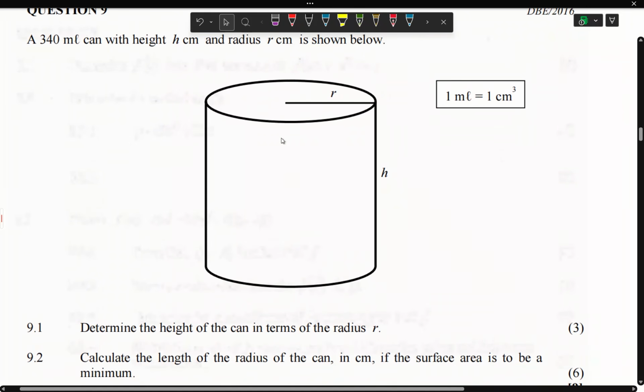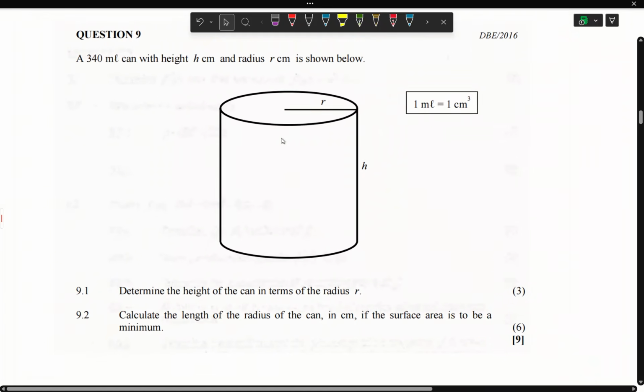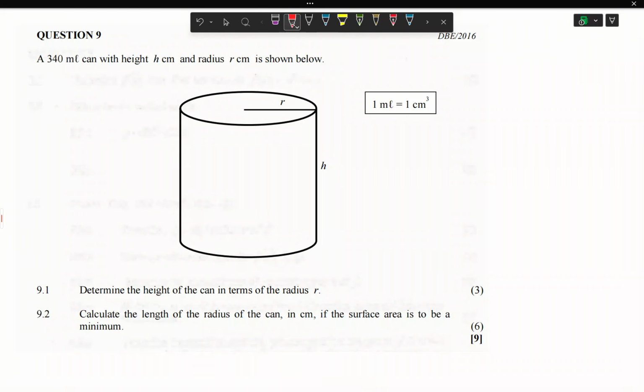So now let's take a look at this one. I hope you can see. Let me zoom out like that. Okay. So now they say that a 340 milliliter can with height h centimeters and radius r is shown below. So guys, this 340 milliliter is the volume there.